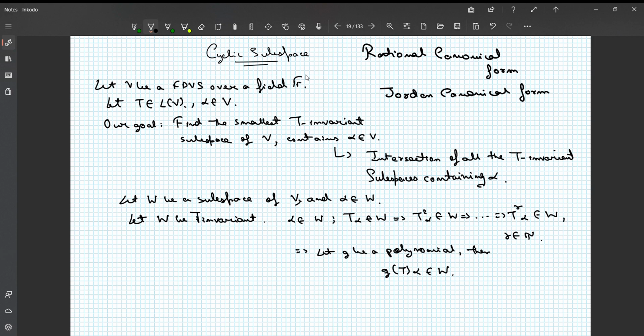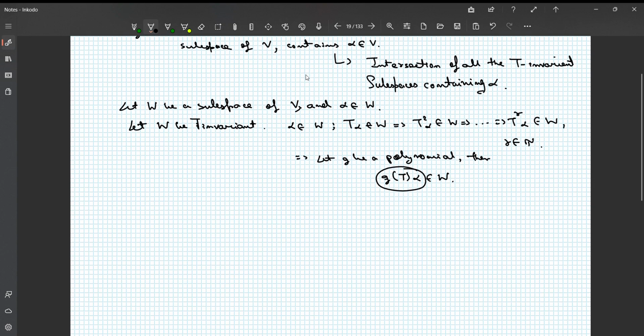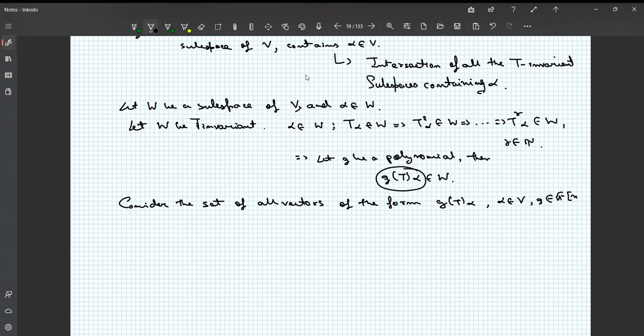So we consider the set of all vectors of the form g(T) of alpha, where alpha is a certain vector in V and g is a polynomial over F.